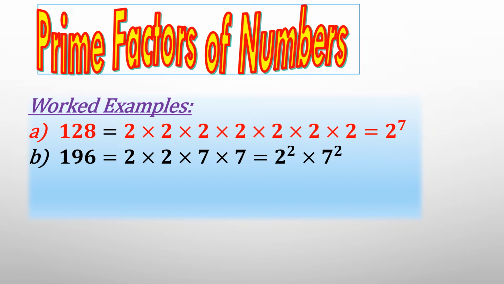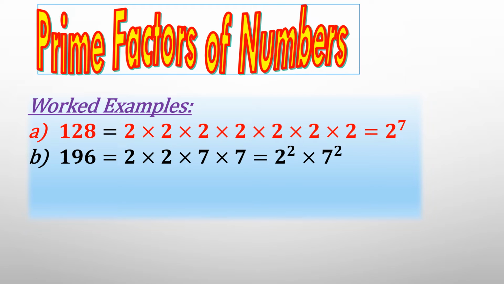The next number is 196, and again we want to look at that and see how to go about it. We start with the least prime number that can divide 196, and that is 2. The remainder, you check whether it can be divisible by 2, and the process continues.